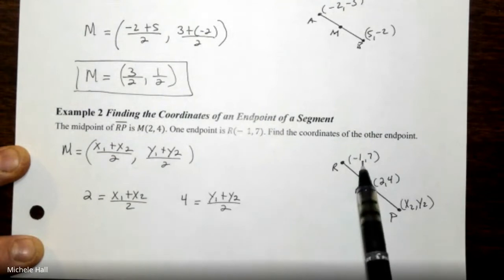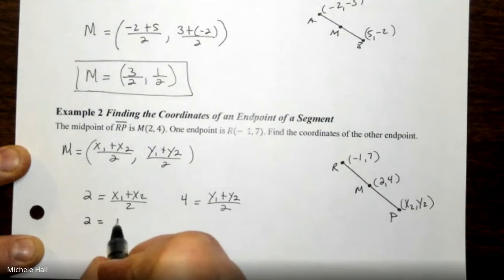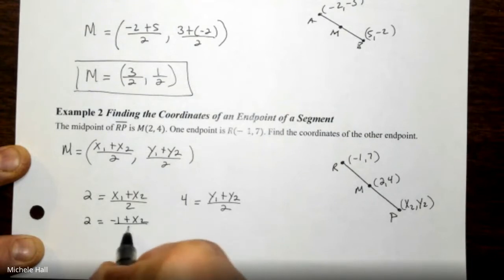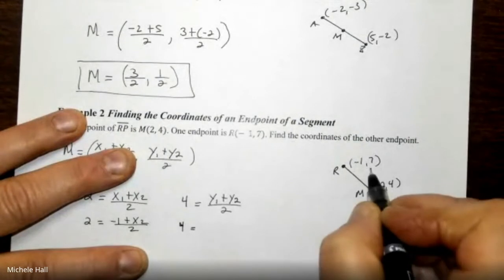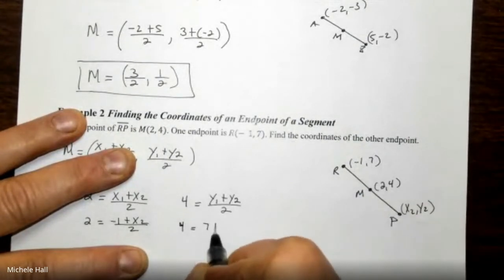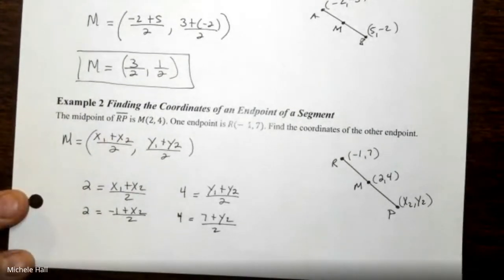We're going to substitute in that first point. X1 is -1. Y1 is 7. And now we have two simple equations to solve.